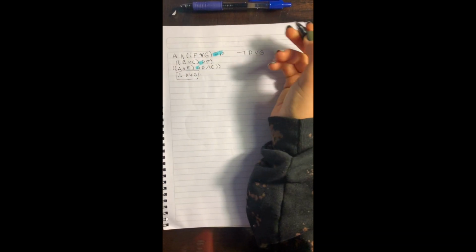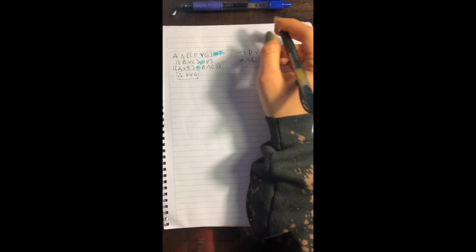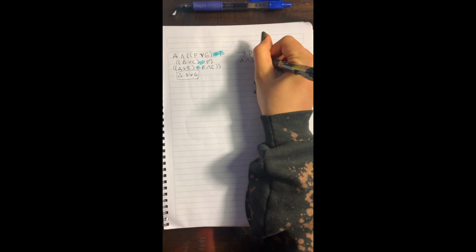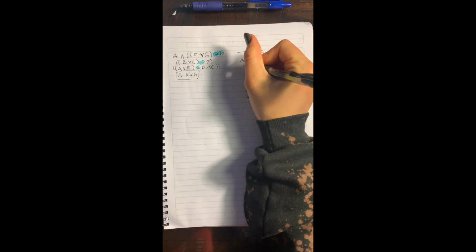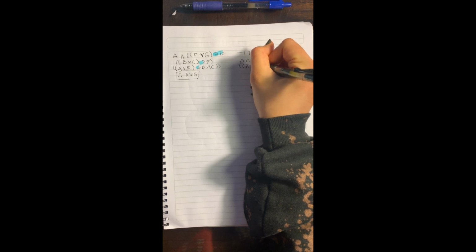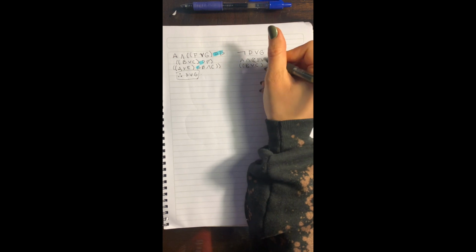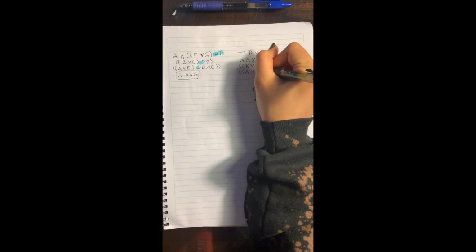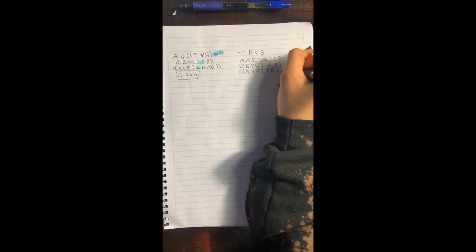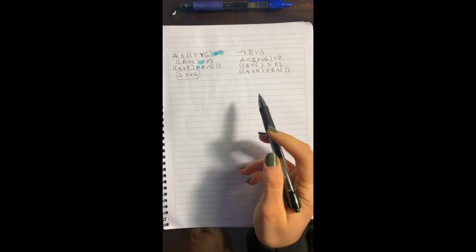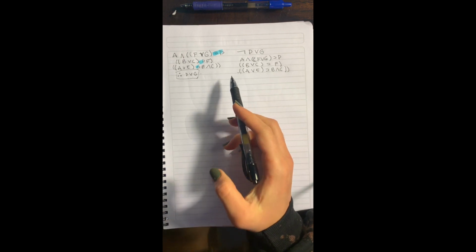And I just like to copy the problem below. A and F or G, then D; B or C, then F; A or E, then B and C. So I like to start with this one, so reduce this one first.